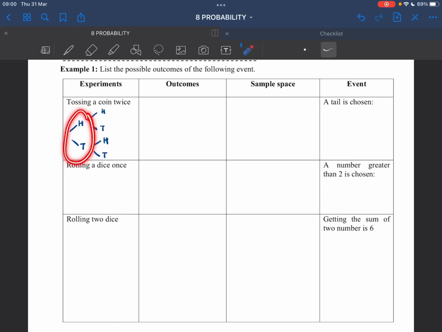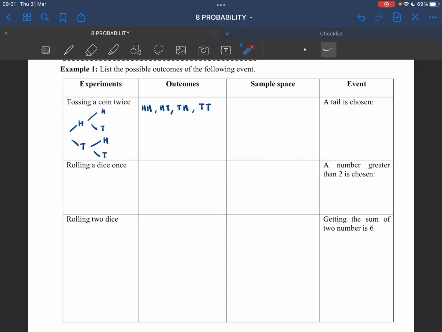So what are the outcomes? You just go along the branches: head head, head tail, tail head, and the last one is tail tail. So you have 4 outcomes if you toss your coin twice.